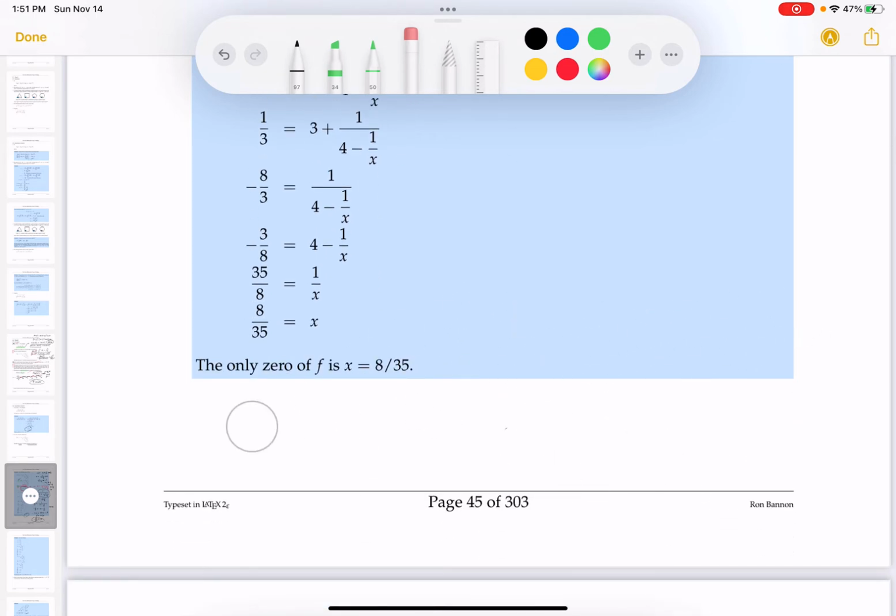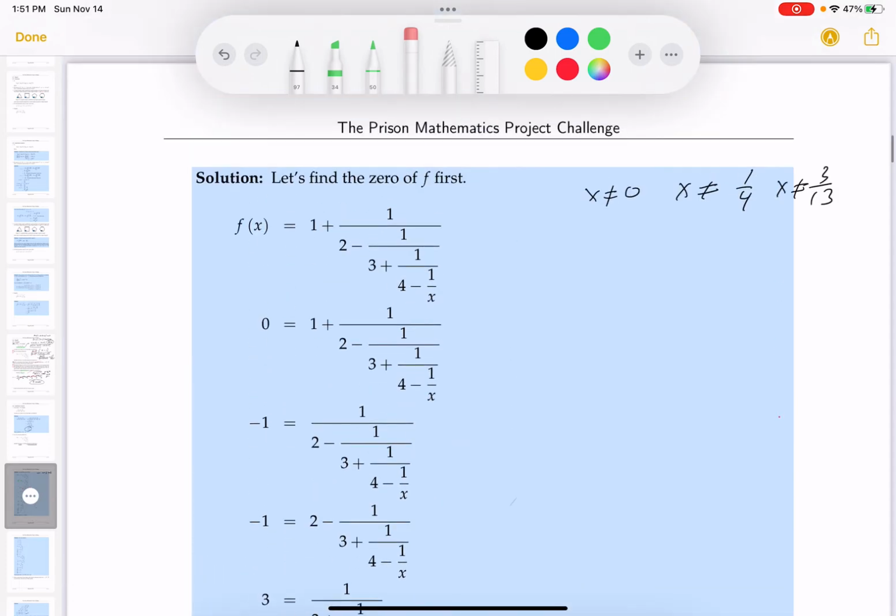Oh, boy. Oh, I got another problem on my hands. And what do I have over here? I'll write it down for you. So 2 can't be equal to 1 over 3 plus 1 over 4 minus 1 over x.